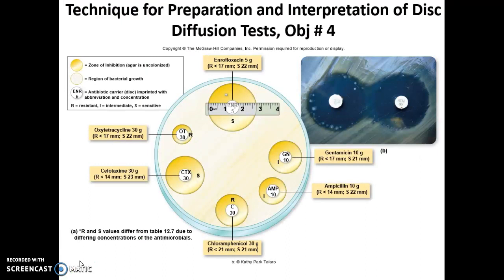All right, this is the Kirby-Bauer test or disc diffusion test, and this is objective number 4 on your list. What this shows is whether or not a drug is going to be effective against a particular type of bacterium.